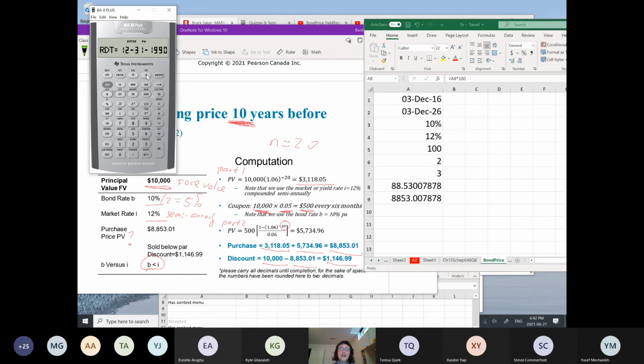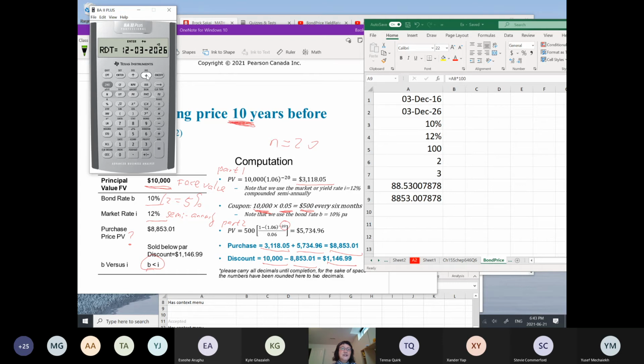It is December 3rd, 2026, so you type 12.0326. Enter.